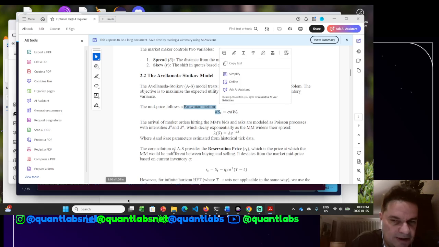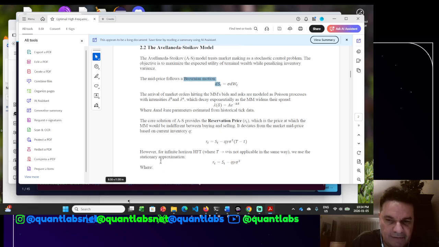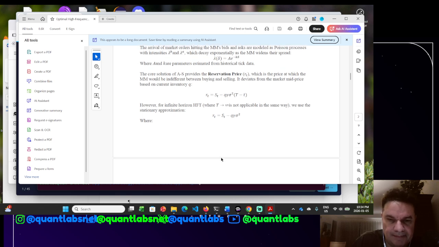We also have something called the reservation price, which is the core solution in the AS model. It's the price at which the market maker would be indifferent between buying and selling. It deviates from the market mid price based on the current inventory. When you have an infinite horizon, as in HFT, T to infinity is not applicable in the same way, so it's a different process right here.